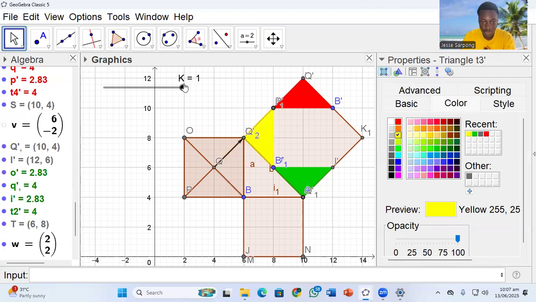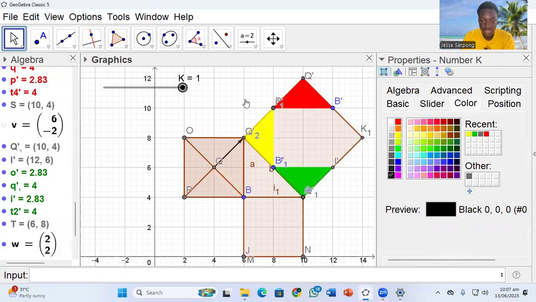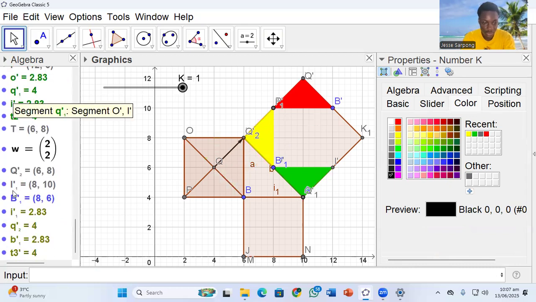Now when we do the slider, you can see, yes, this is what we have. We do the same for the last triangle. Again, we use Q plus K, bracket open.